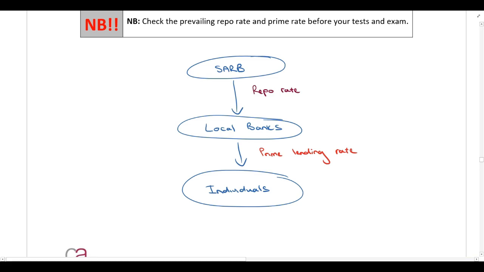So let's add some percentages here. Let's look at some interest rates so that you can see how this would work. Assume that the repo rate is 7%. So the South African Reserve Bank lends to local banks at a rate of 7%. Then assume that the prime lending rate is 10.5%. That means local banks lend to individuals at a rate of 10.5%.